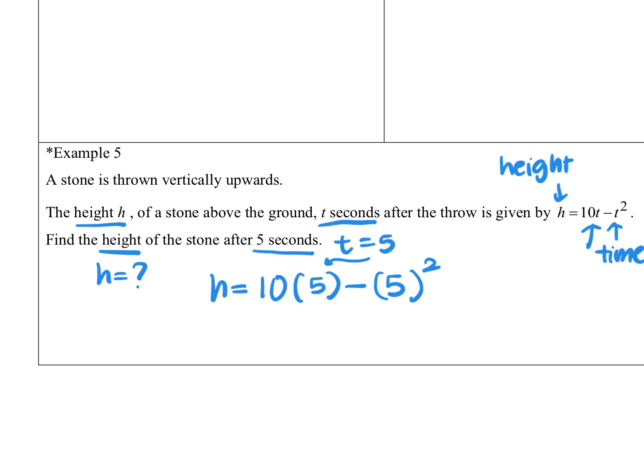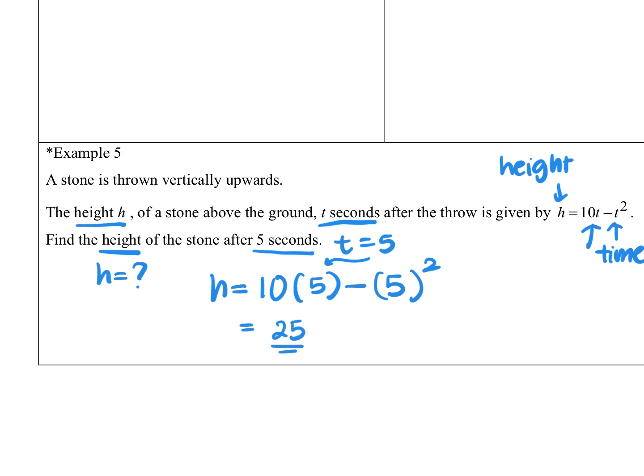Then I'll have 10 times 5 minus 5 close bracket square, and that gives me the number 25. And they want the height, so it comes with a unit, probably meters or whichever. So this is one part of our example.